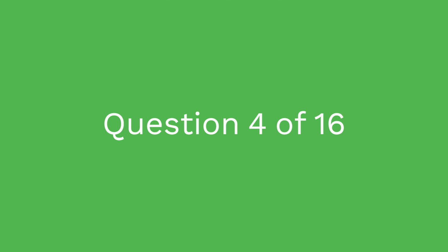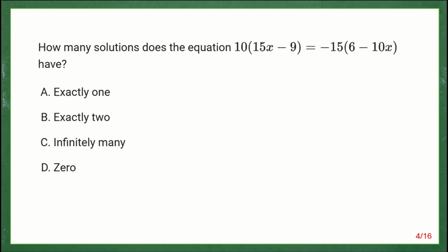Now, in problem number 4, we are given an equation, and we have to figure out how many solutions this equation has. And we are given 4 options here. So we are mainly looking for the number of solutions this equation has. Now, let's look at this equation and try to simplify it a little bit.